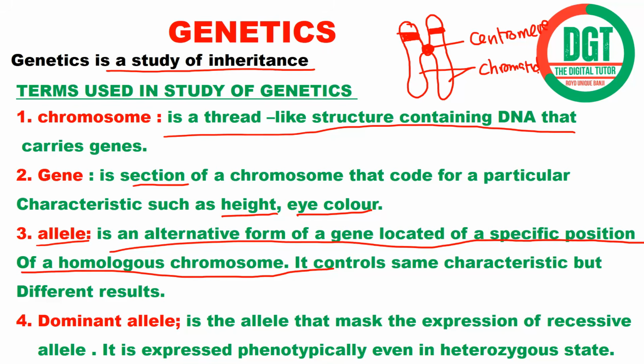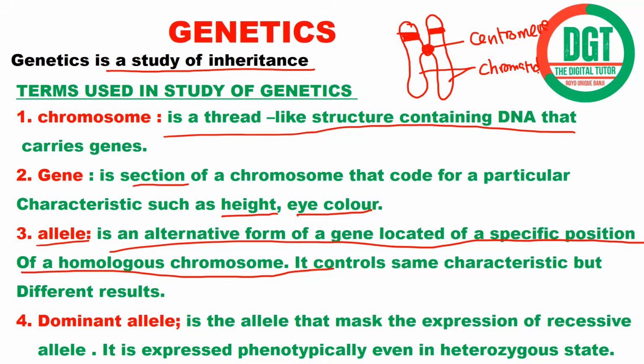Now these alleles that we are talking of can be dominant or recessive. So what is a dominant allele? It is the one that masks or suppresses the expression of the recessive allele. In other words, a recessive allele is the one that is suppressed or masked by the presence of the dominant allele.